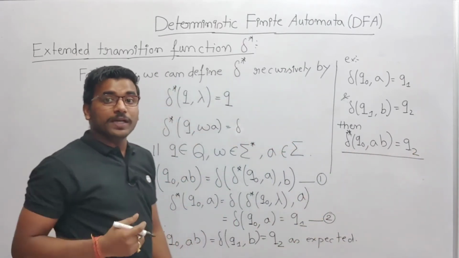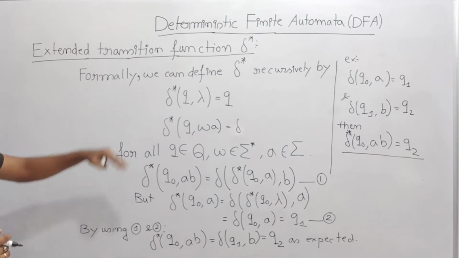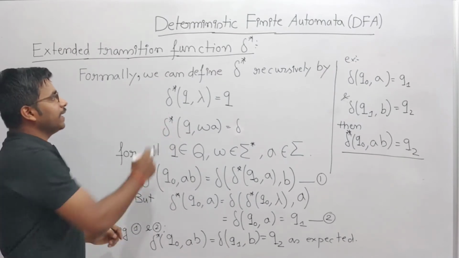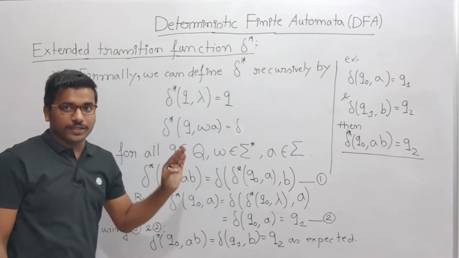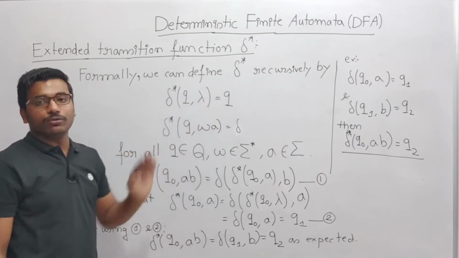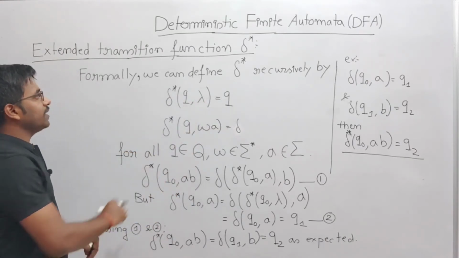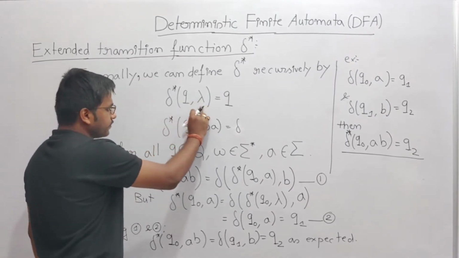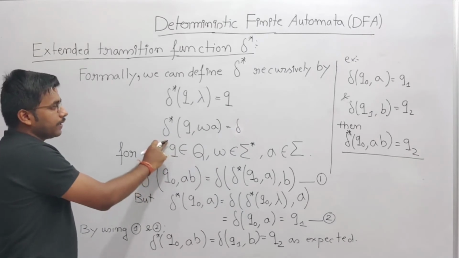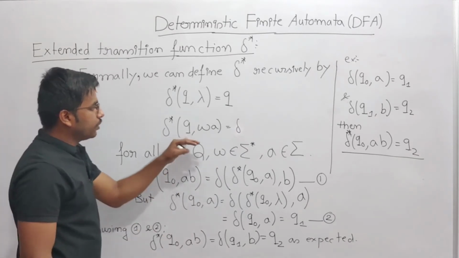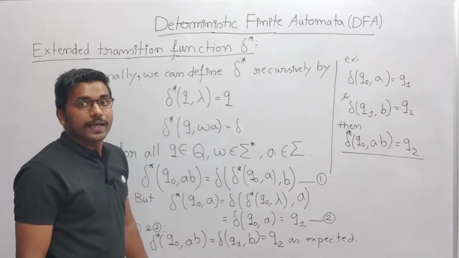Now how to formally define that? Formally we define delta star recursively: delta star of Q, any state, by getting the null string, that is epsilon, is going to the same state. So every state by getting the empty string is going to the same state. And now the extended transition function of QWA, where W is a string.